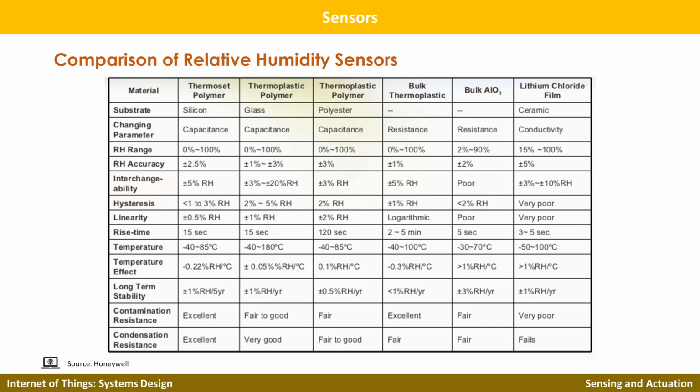So far we talked about temperature and humidity. I'm not going to talk about any other sensors in this lesson in this detail, but the point I want to make is that for any sensor that you wish to use, there could be many different alternatives.